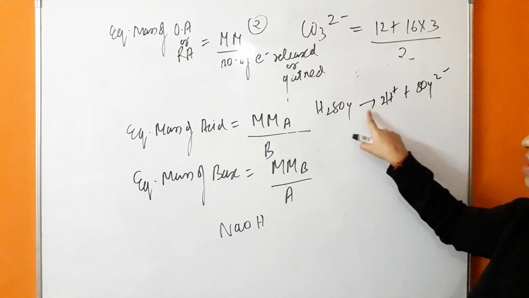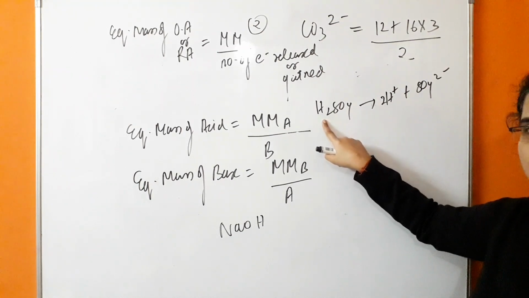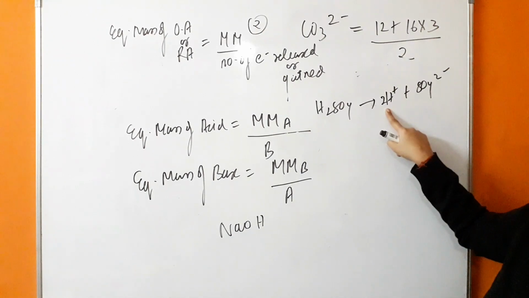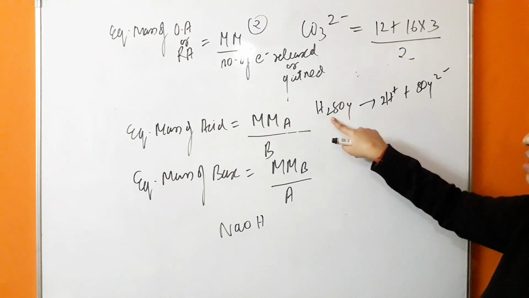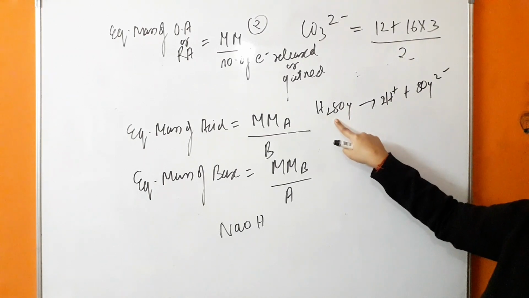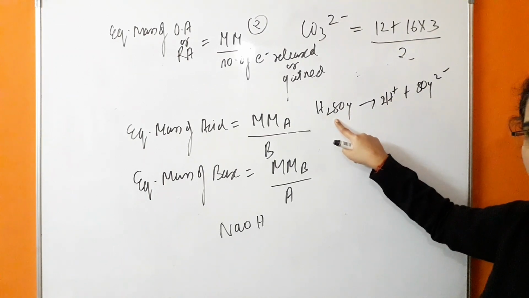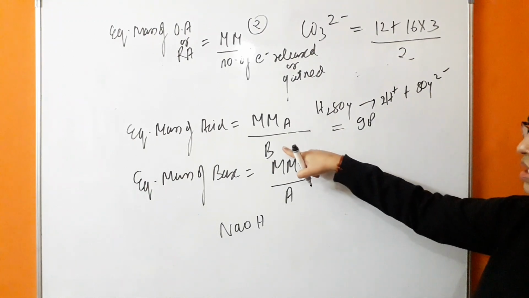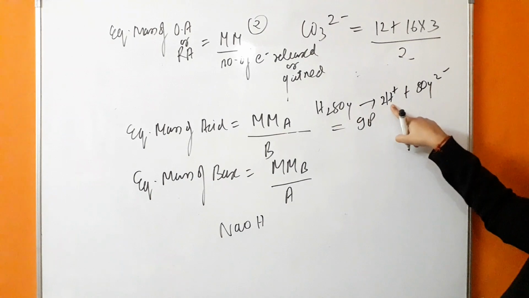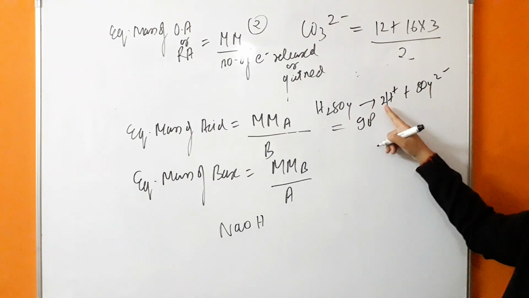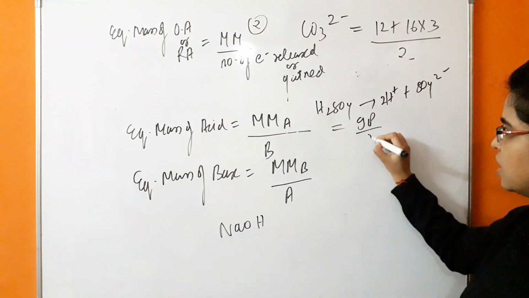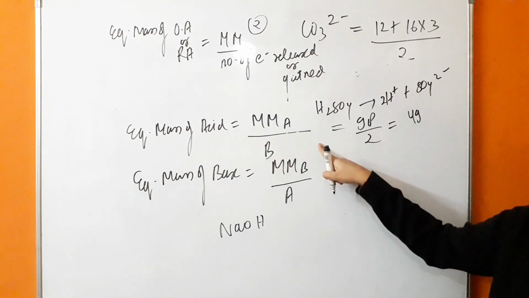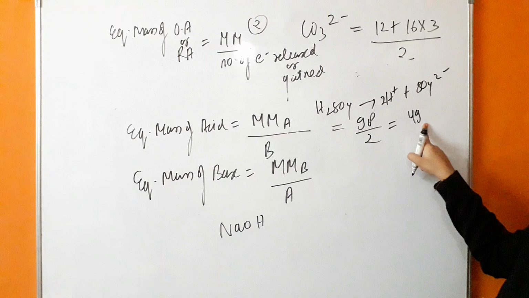So the molecular mass of H2SO4 is divided by 2 displaceable H+ ions. What is the molecular mass of H2SO4? We have earlier determined it. It is 98. The basicity is 2, so the number of displaceable H+ ions is 2, and 98 divided by 2 comes to 49. It means the equivalent mass of H2SO4 is 49.